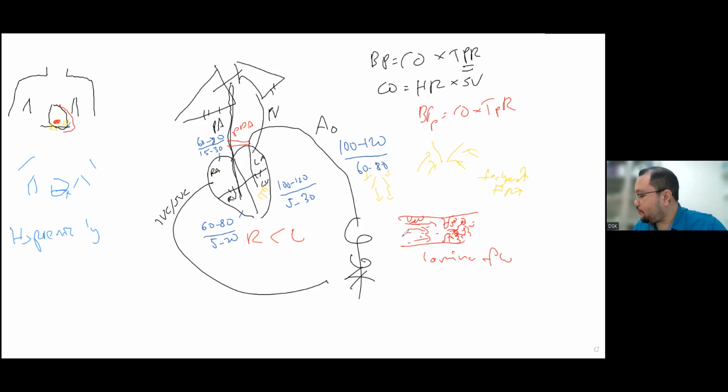If you look at what I said about VSD earlier, when the VSD defect is big, the turbulent flow is less. So in VSD the murmur is softer when the lesion is big. When the lesion is small, the VSD is small, and the turbulent flow is more. That is why in VSD the murmur is louder when the lesion is small.